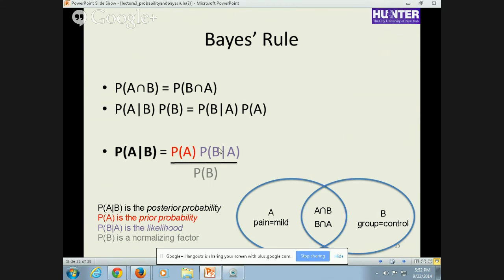Then this would be your probability of having a positive test given that you have the disease, times your probability of having the disease, divided by your probability of getting a positive test. And that would tell you your probability of having the disease given that you got a positive test.